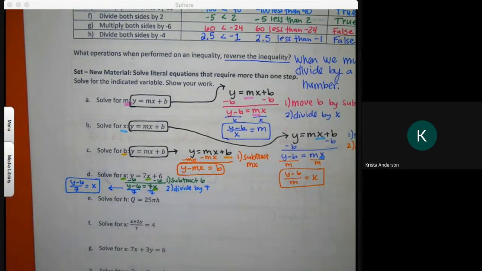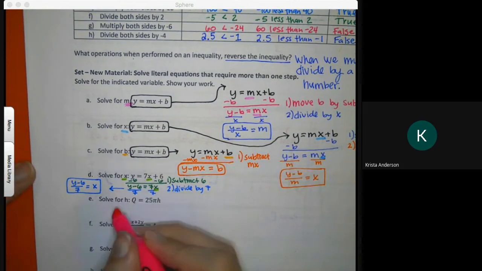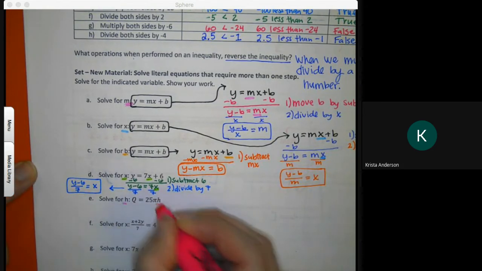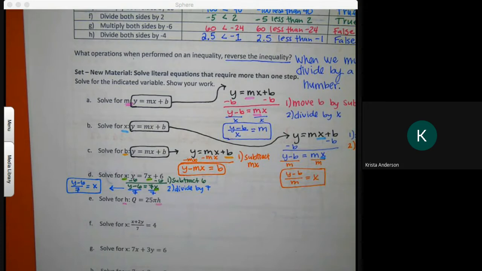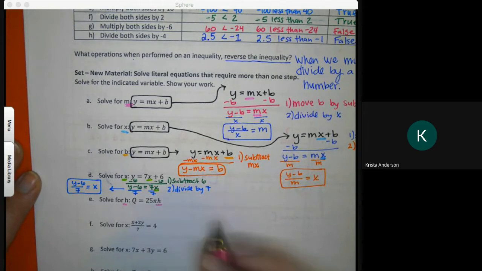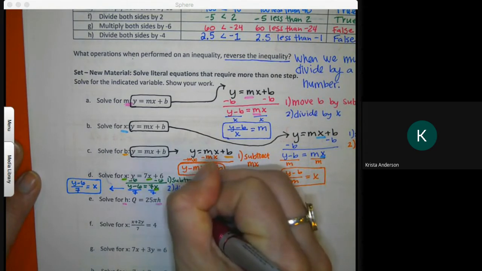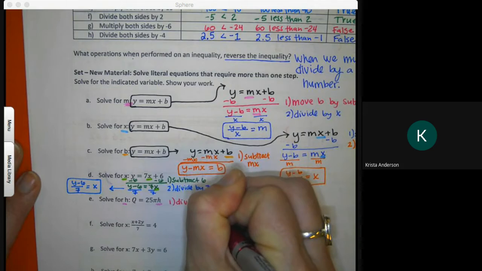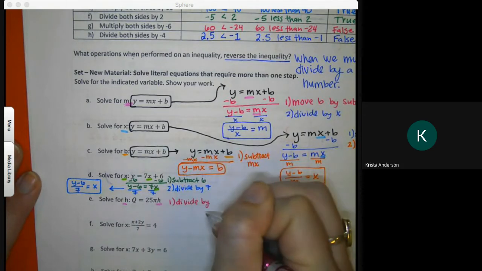In order to get H alone, do you see how all of these numbers are just in a straight line? That means they're all being multiplied by each other. To undo multiplication, we divide by what we don't want.